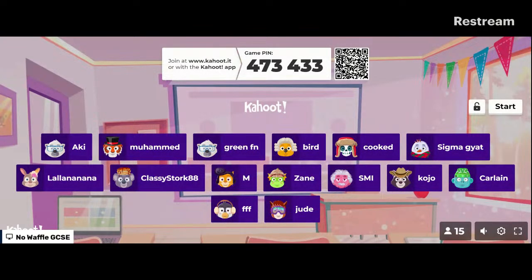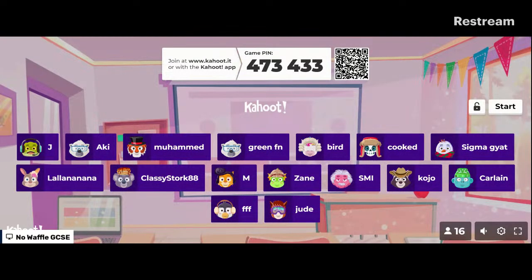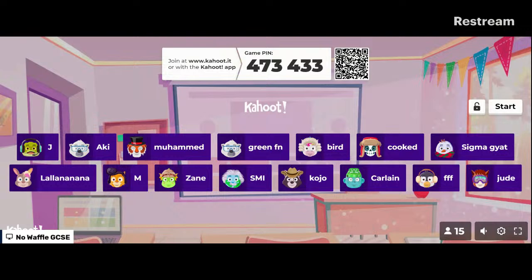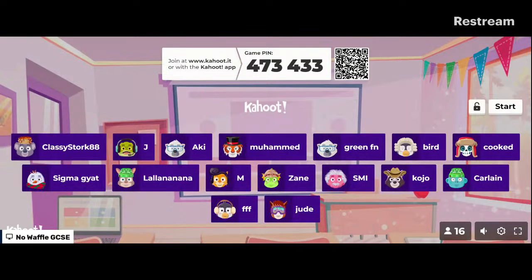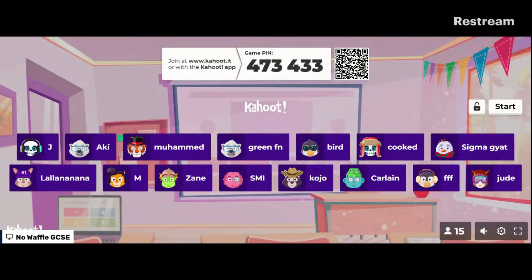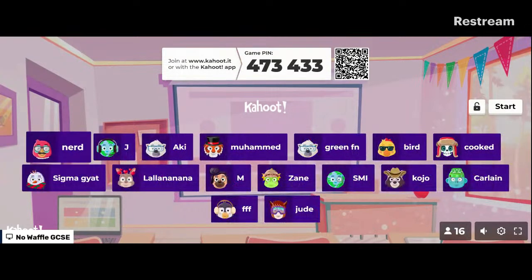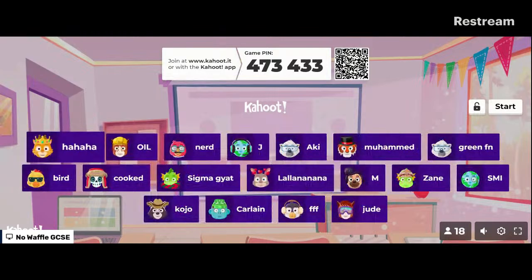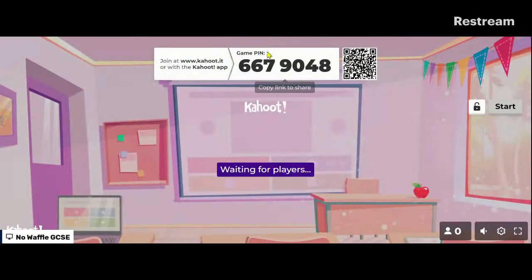There's going to be other games all running simultaneously. Okay, this game has become full up, so you can join this third game if you are unable to join the first two.